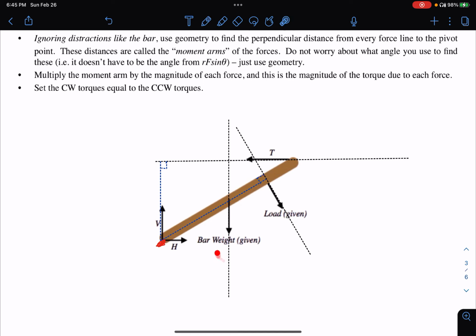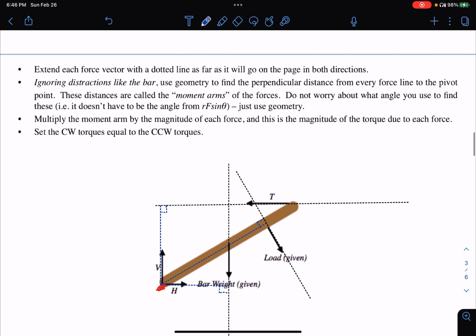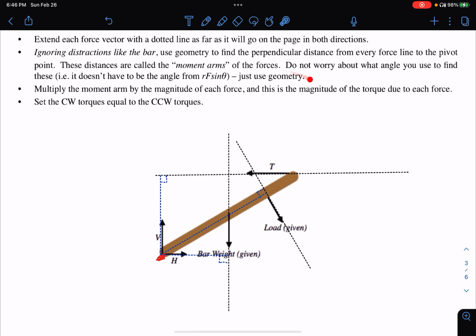And for the weight here, the closest distance is going to be this one. So now we find all the three arms. These are called force arms, moment arms. We have all the three moment arms, and we can use geometry to figure them out.